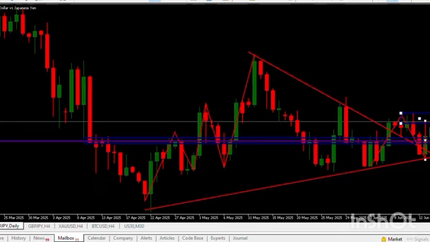This level we can see weeks already, so that is why it is struggling. Eventually I'm expecting that sellers will move it a little, and when it comes back I'll be entering the trade.